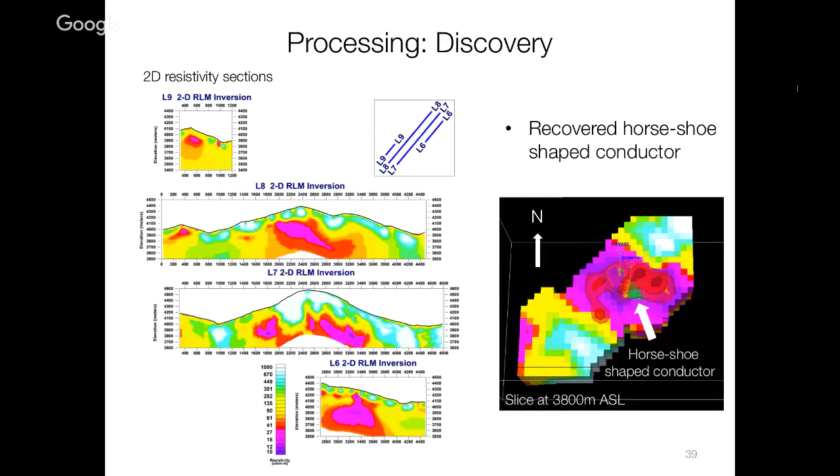So the initial setup for the CSAMT, so this is like MT data, and was the inversion. The red indicates low resistivity, so there's something in here that's really conductive.